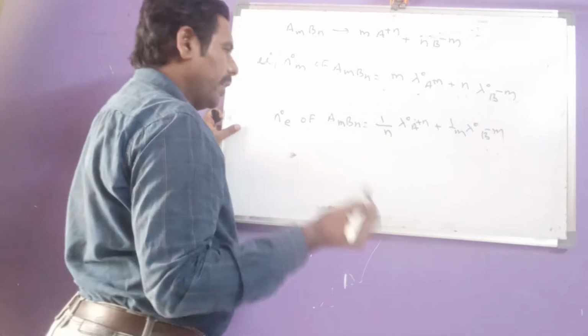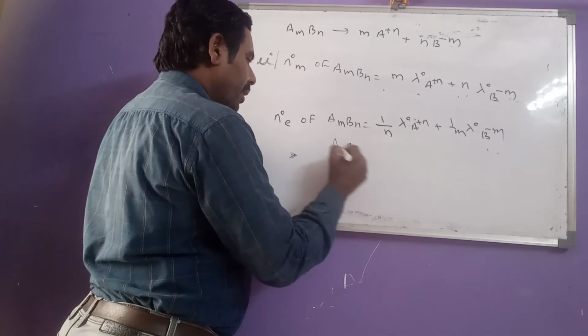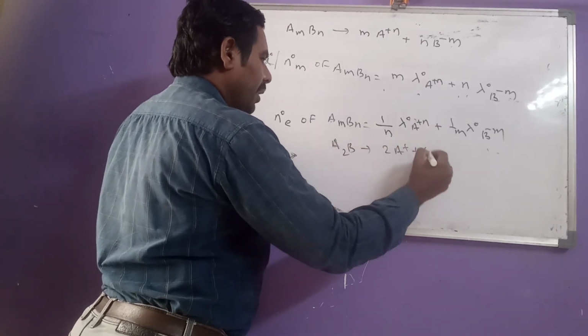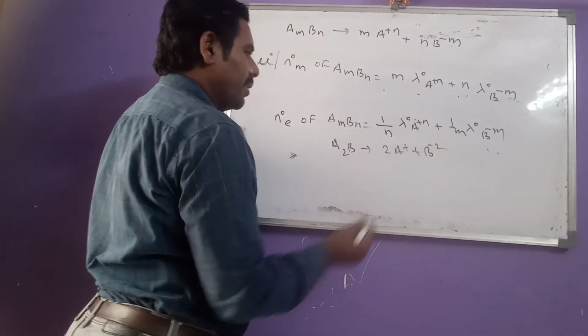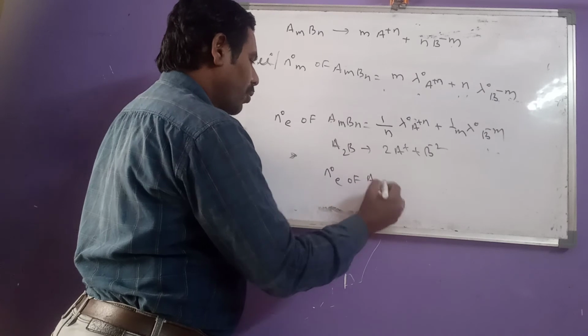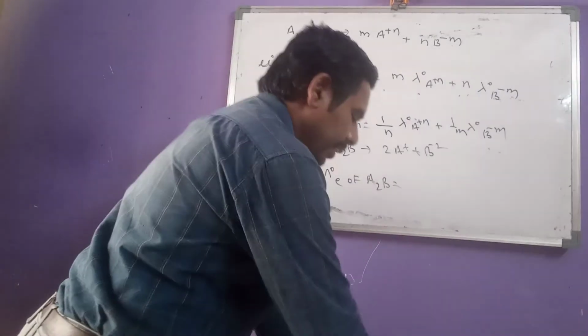So now I will give one example. A2B means it is split into 2 A plus and B minus 2 ions. So Λ naught E of A2B electrolyte can be calculated like this.